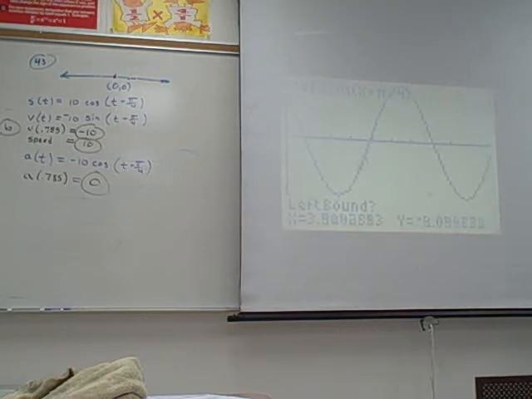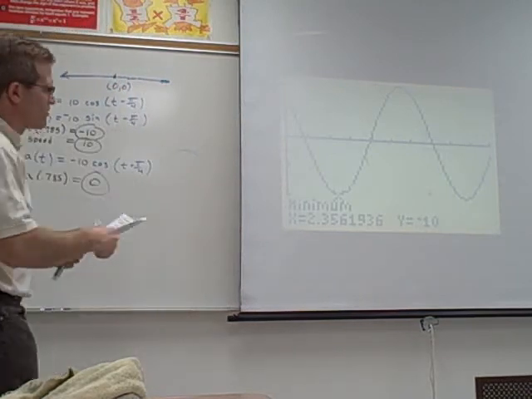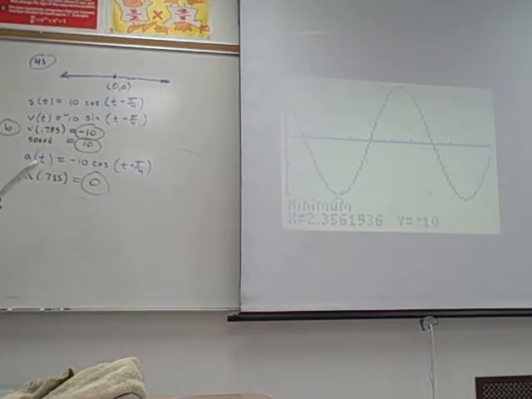Get a little bit left, push enter, a little bit right, push enter, and then right at the minimum, push enter. And it should give us the first time where the particle switches direction. So it switches direction at 2.356 seconds. It's not in seconds, I guess, but if it was, that's the time now, 2.356.